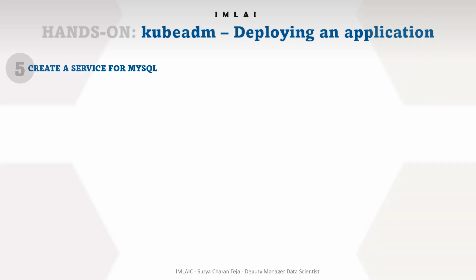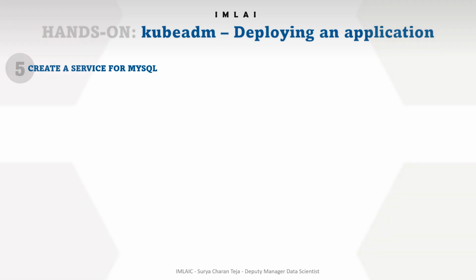As we know, pods are ephemeral. They come and go, with each newly created pod receiving a new and different IP address. To connect to a database, the WordPress application should know its IP address. So if the database container is ephemeral, how should our application keep track of the database IP?